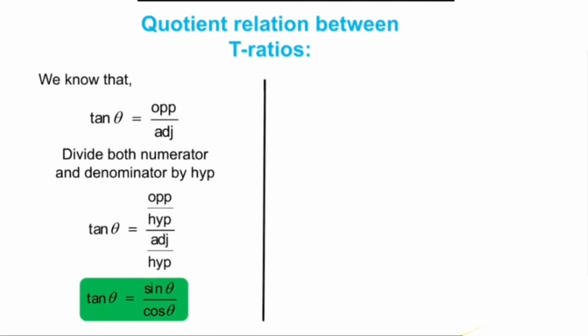Next, we know that cot theta is the reciprocal of tan theta. So, it can be written as cot theta is equal to 1 by tan theta. Now, let us replace tan theta by sine theta by cos theta. Then we get cot theta is equal to 1 whole by sine theta by cos theta.